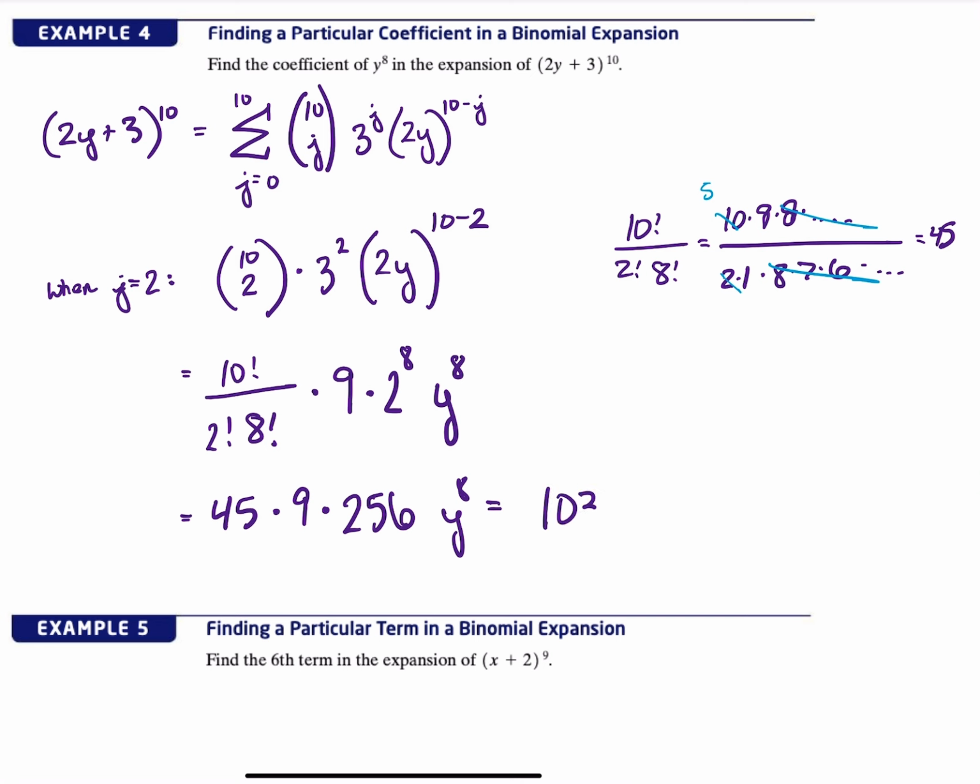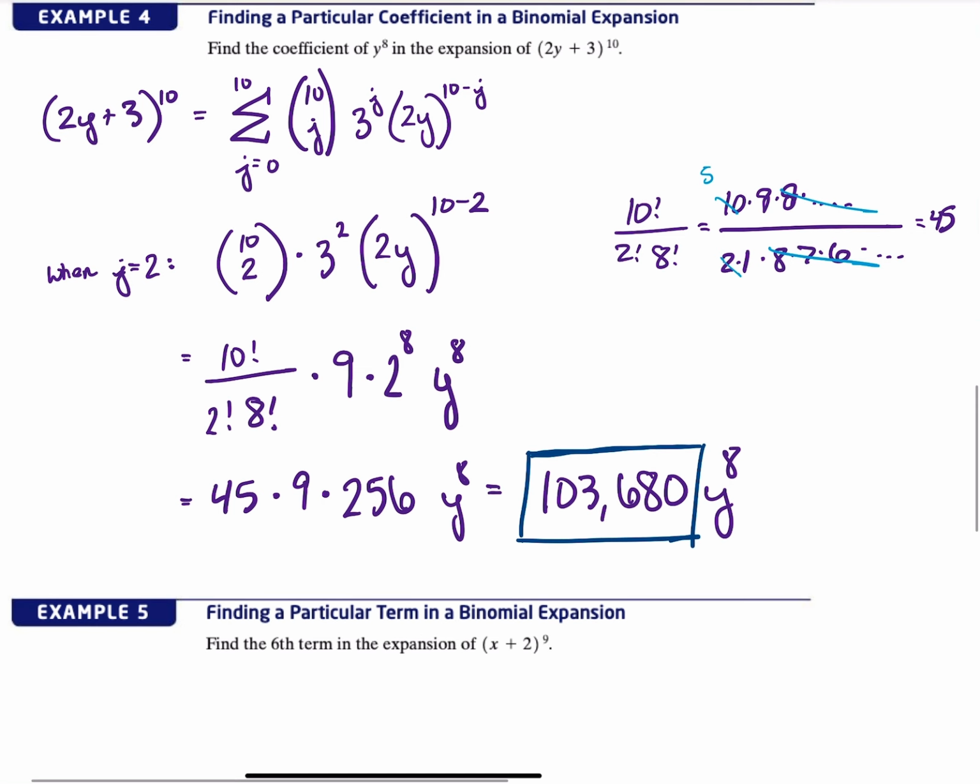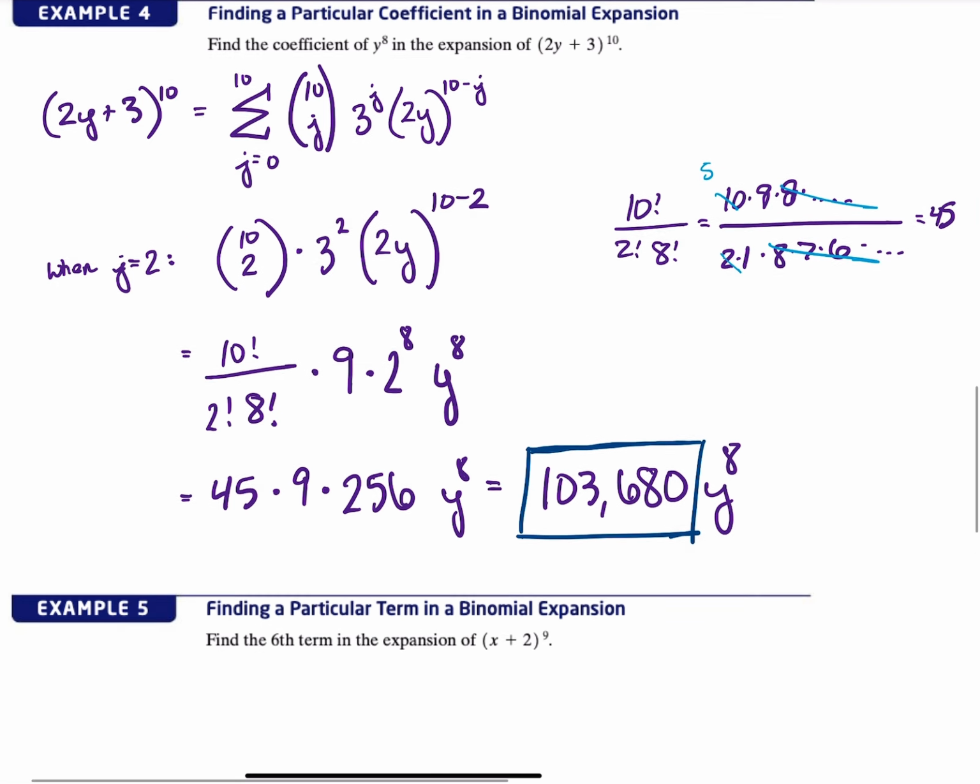We get 103,680 y to the 8. And it just wanted the coefficient, so we would just be looking for that 103,680. So that's if we're asked for a coefficient, and we could be asked just to find a particular term.